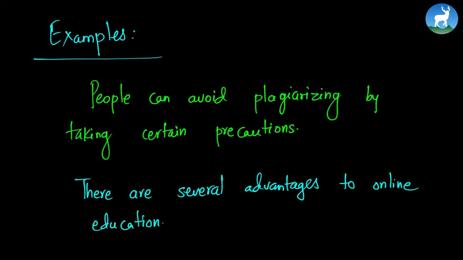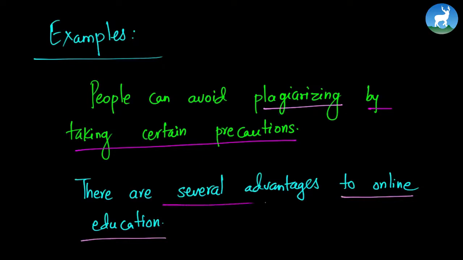So, two examples, first and second. I want to ask you a question. Which one is a topic sentence and which one is a controlling idea? It's pretty easy, right? Let's break it down.